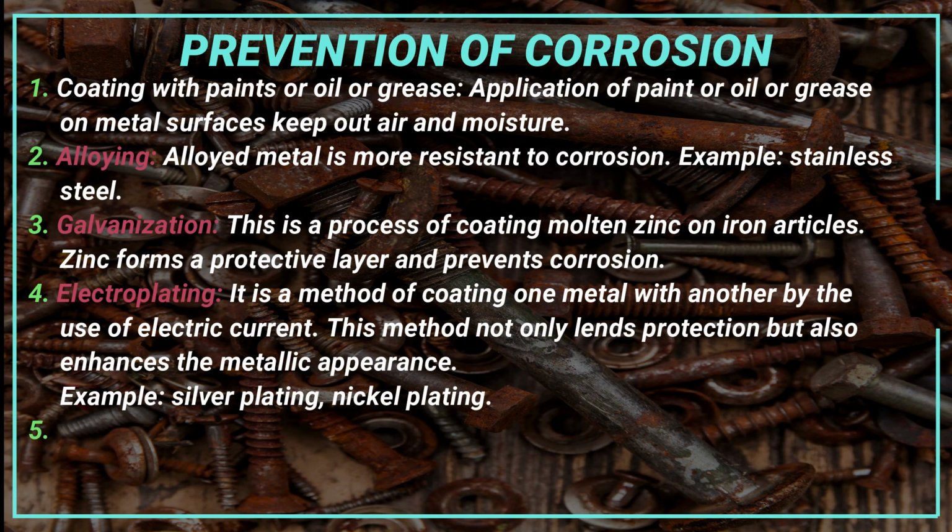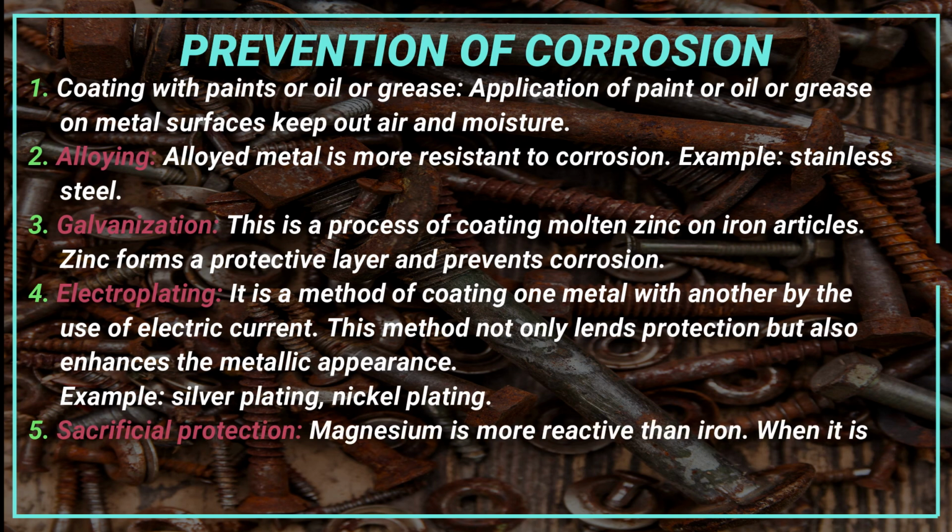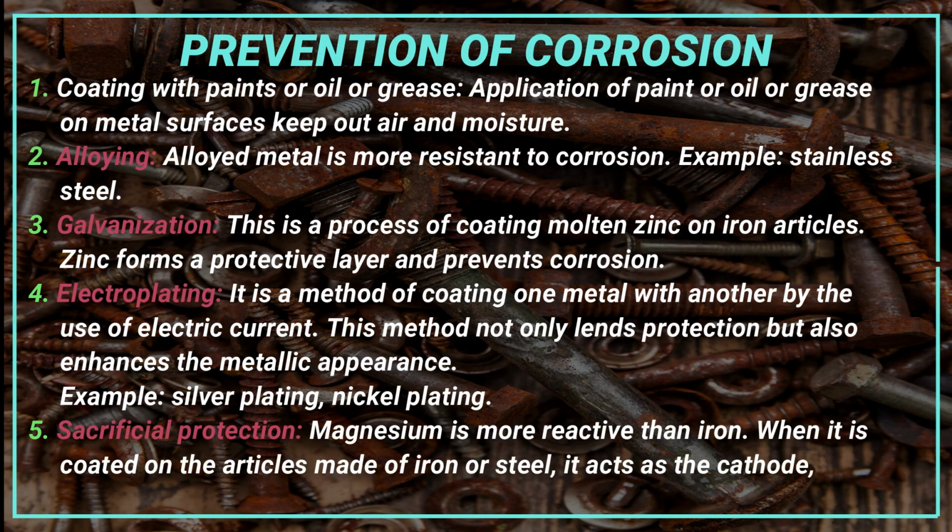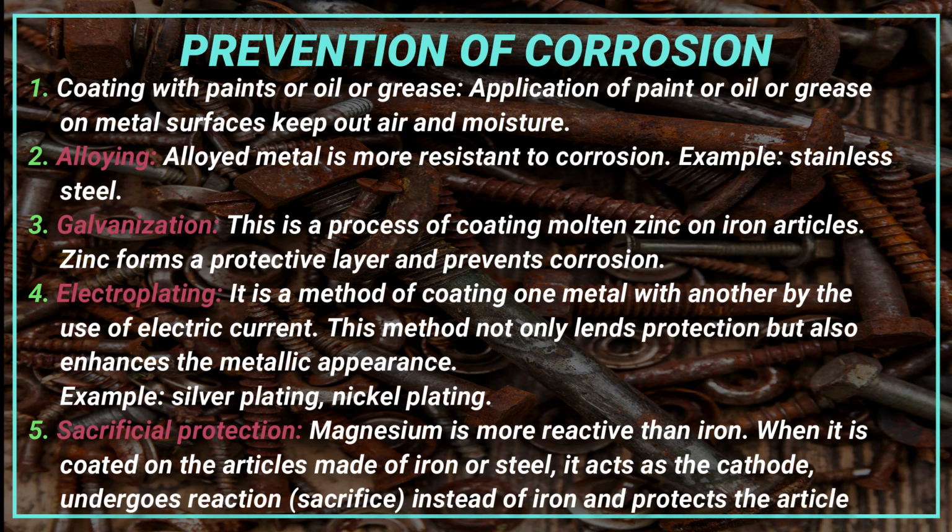Alloying. Alloyed metal is more resistant to corrosion. Example, stainless steel. 3. Galvanization. This is a process of coating molten zinc on iron articles. Zinc forms a protective layer and prevents corrosion.